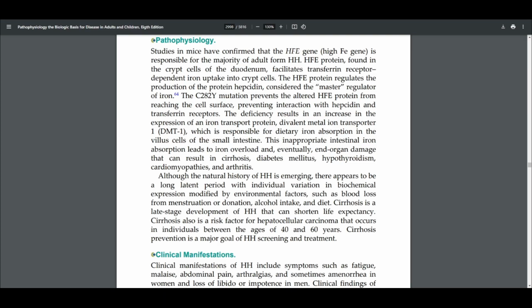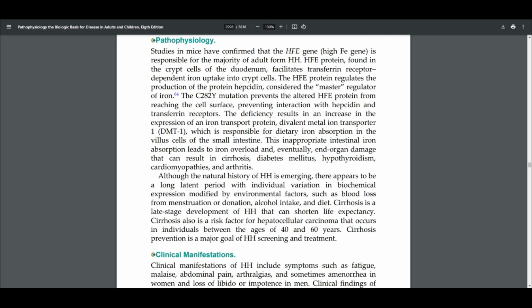The C282Y mutation prevents the altered HFE protein from reaching the cell surface, preventing interaction with the hepcidin and transferrin receptors. The deficiency results in an increase in the expression of an iron transport protein, divalent metal ion transporter 1, which is responsible for dietary iron absorption in the villus cells of the small intestine.